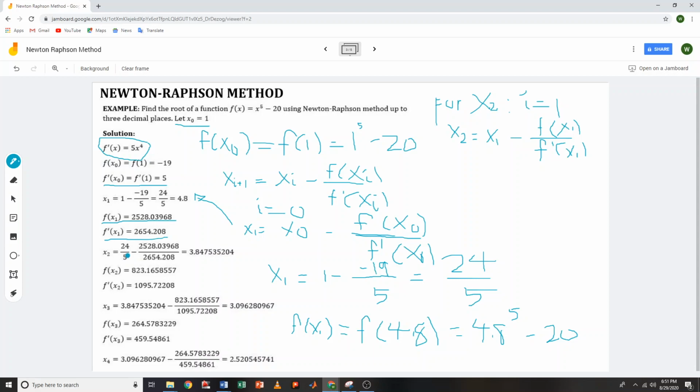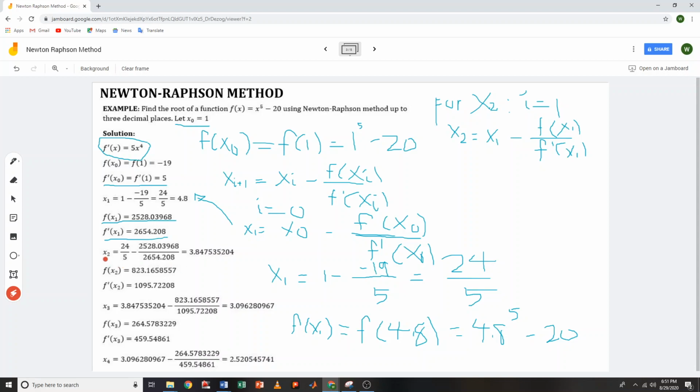So x1 is 24 over 5 here, minus f of x1, which is this one, substituted here, all over that one.